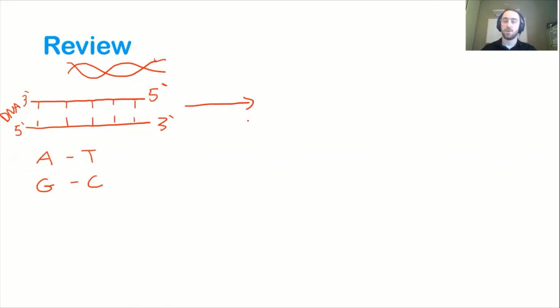We've also talked about how DNA is replicated, but then we also talked about how it's transcribed to form our RNA molecule, right? So our RNA molecule is going to be an mRNA.